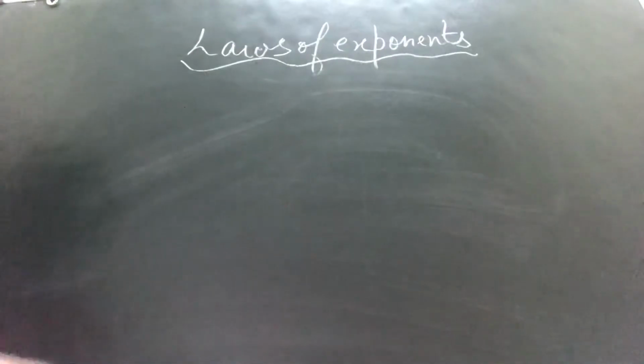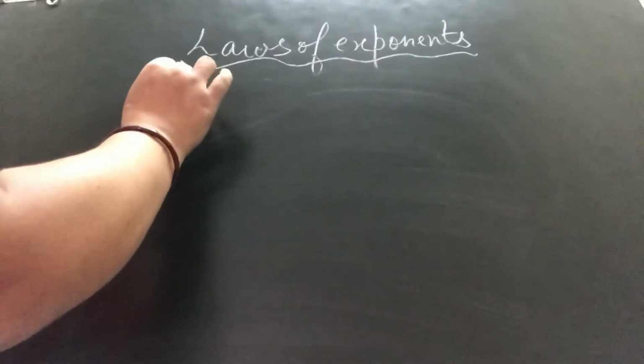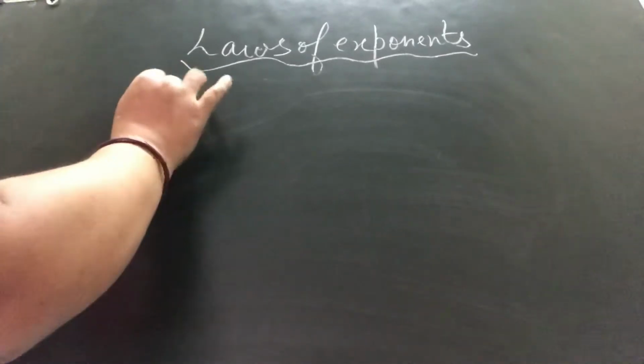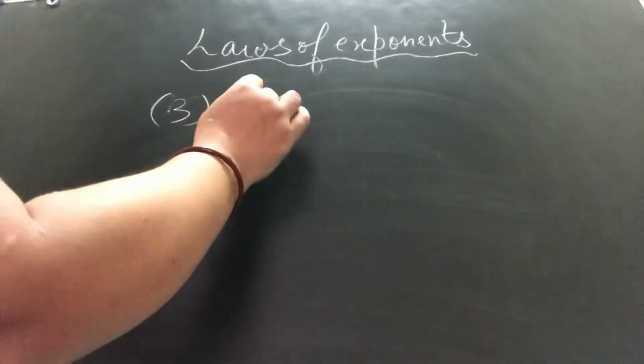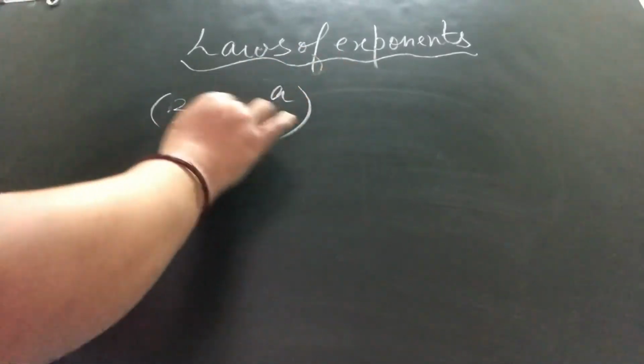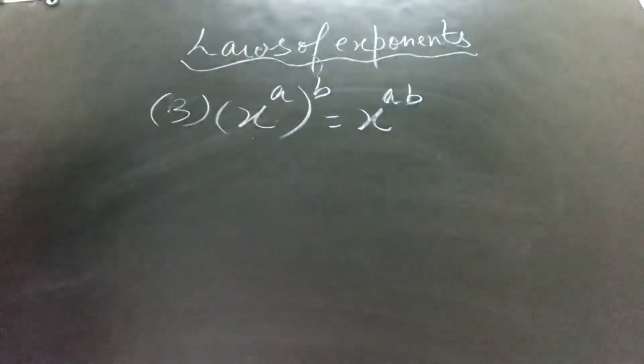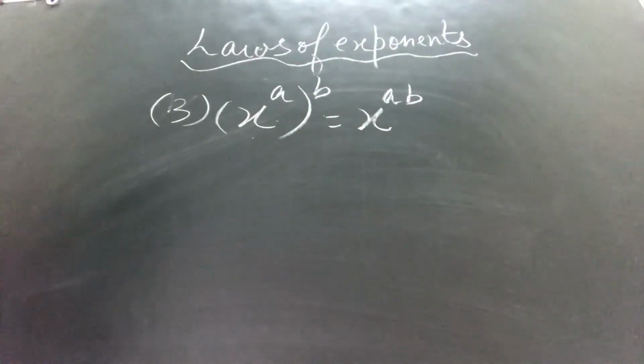Now see how to apply these laws, that I am saying. Third, in case of third, suppose I have this number, I have told you x to the power a and further we have b, then powers multiply each other, right? Powers multiply हो जाती हैं. तो इस तरह का हम एक और क्वेश्चन लेंगे.